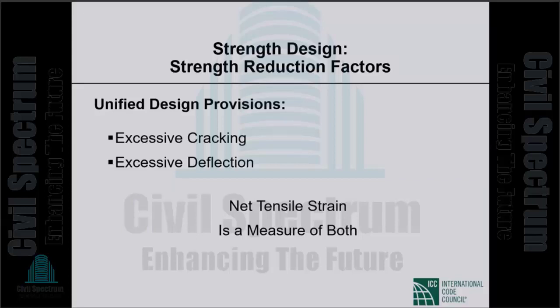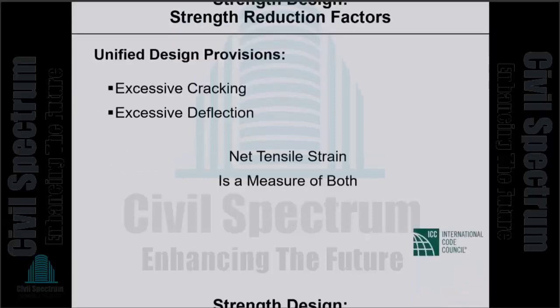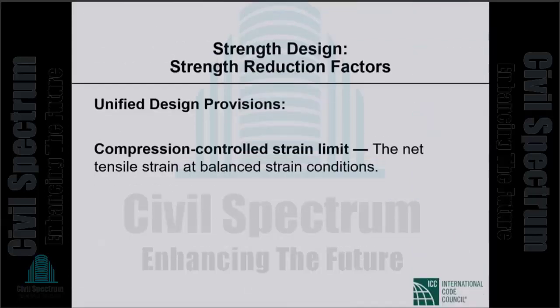Both are related. When concrete deflects, it cracks, and when it cracks, the cracking causes the deflection. The net tensile strain is indicative of both excessive cracking and excessive deflection. This is why he thought it was a suitable quantity to anchor the whole thing on.